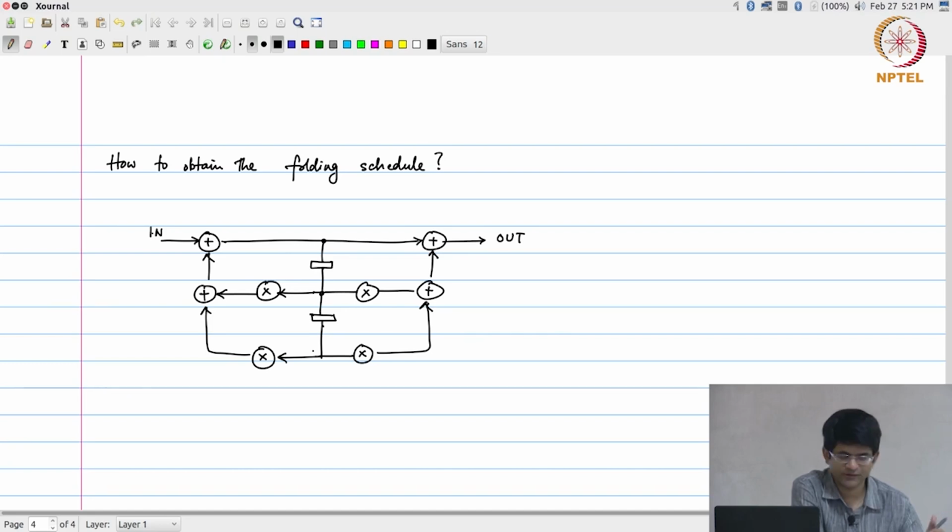But it's a bit more tricky than that, because the IIR portion, the feedback, is in the earlier part of the diagram, and the feedforward is in the later part.